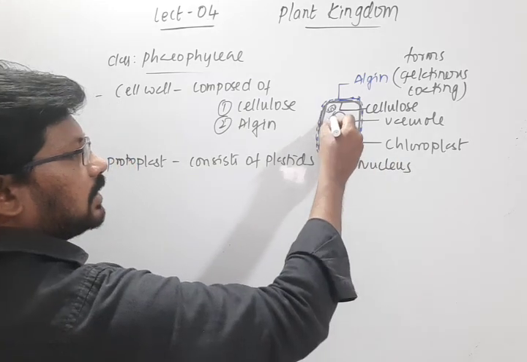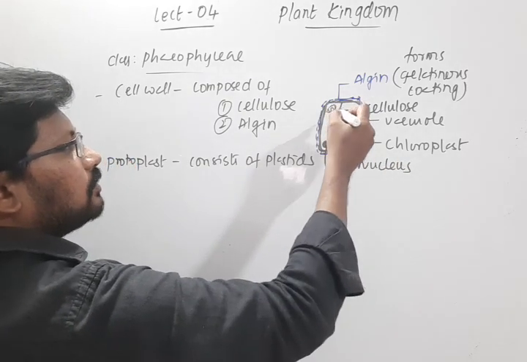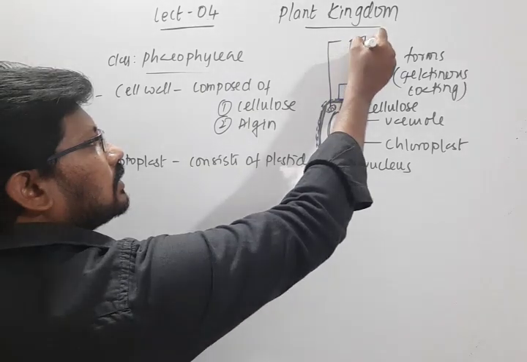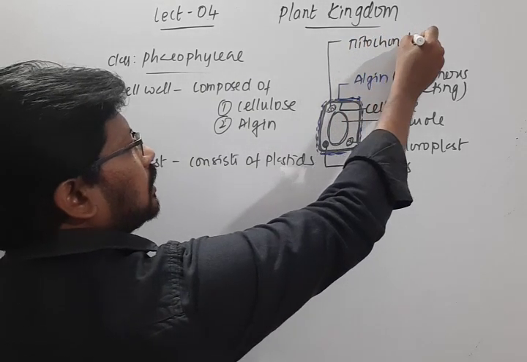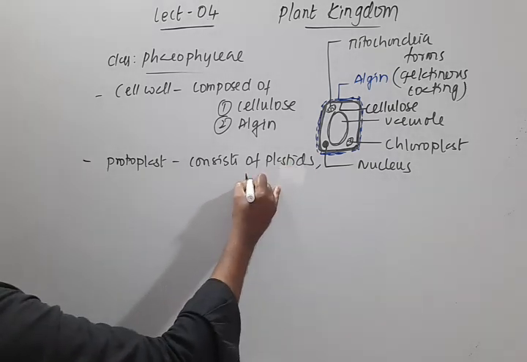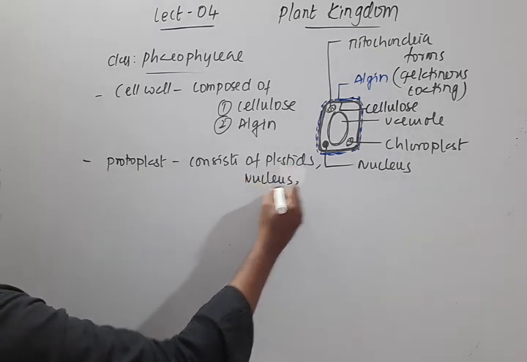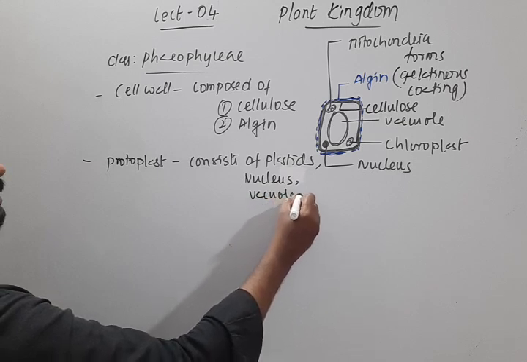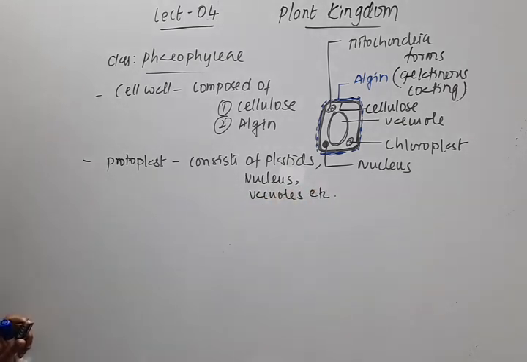So these are the different cell organelles present in the protoplasm: plastids, nucleus, vacuoles, etc.